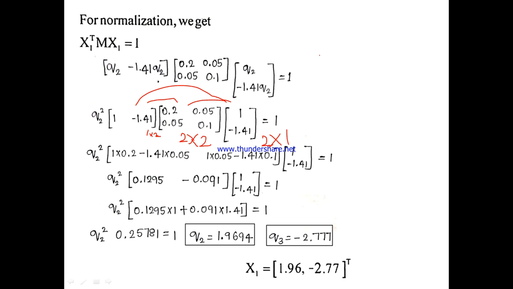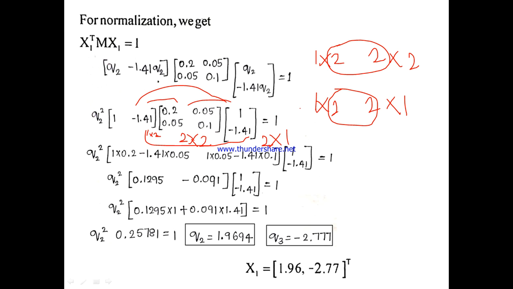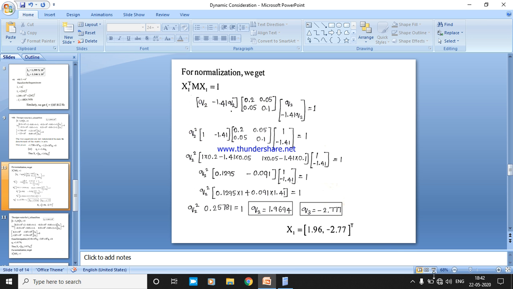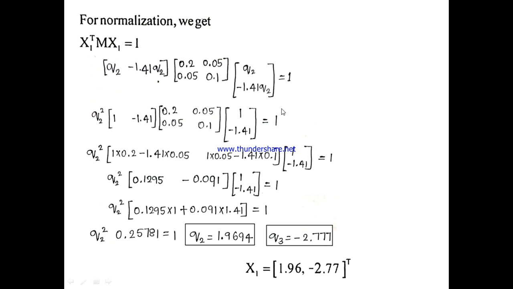However, I can multiply, because 1 into 2 or 2 into 2, the inner numbers are the same, I will get a 1 by 2 matrix. Or if I consider these two matrices, 1 into 2 or 2 into 1, I can have a 1 by 1 matrix. However I can solve it either way, but it is better to solve in the same way that I am going to explain. First we shall solve these two matrices.